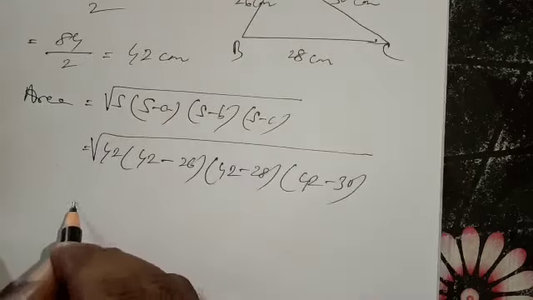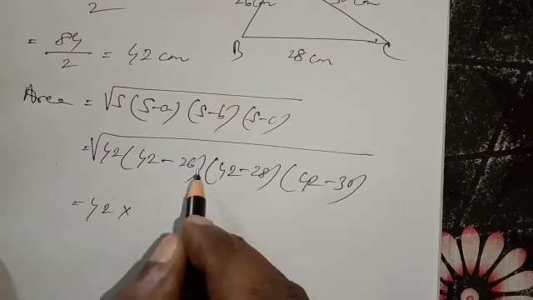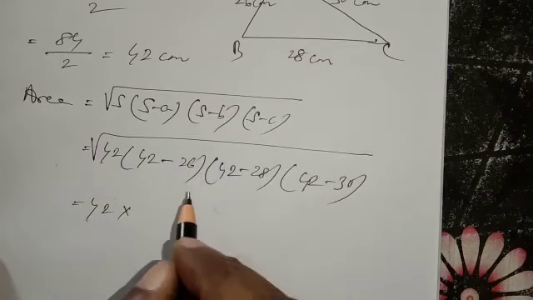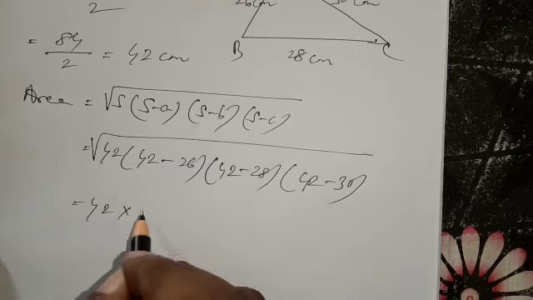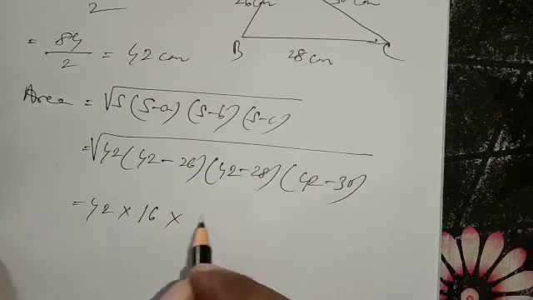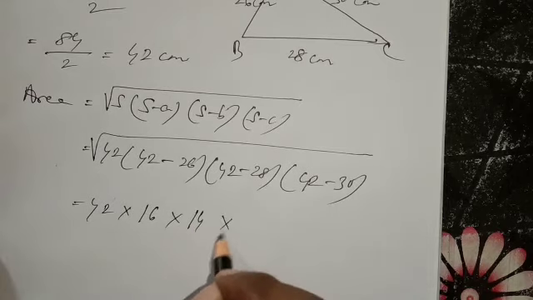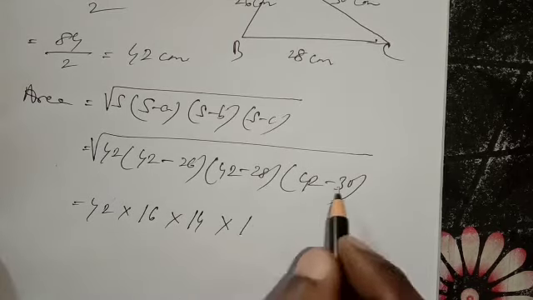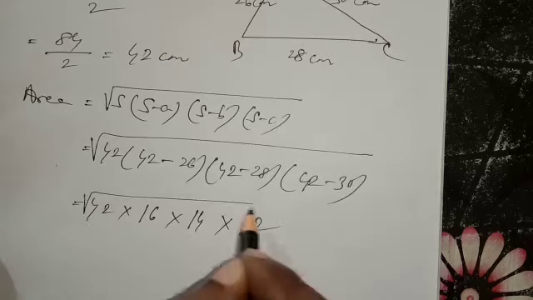Now you see 42 minus 26 will be how much? 16 into 42 minus 28, that will be 14. Then this is 42 minus 30, 12 root over. Okay.